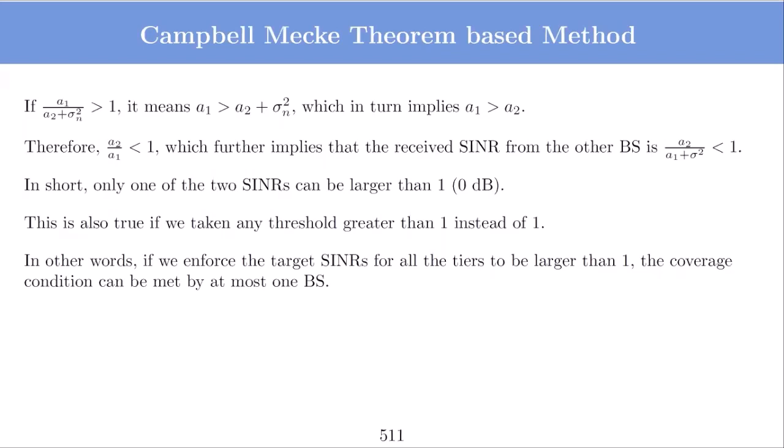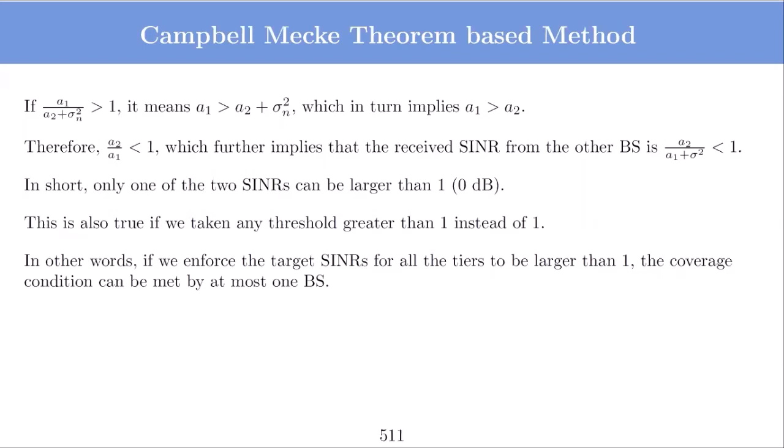If SINR 1 is more than 1, then SINR 2 is less than 1, and similarly, if SINR 2 is more than 1, then SINR 1 is less than 1. So only one of the 2 SINRs can be larger than 1. If one is more than 1, the other will be less than 1. This is true not just for 1, but for any threshold more than 1. So out of 2 base stations, only one can give you an SINR more than the threshold, if the threshold is more than 1.